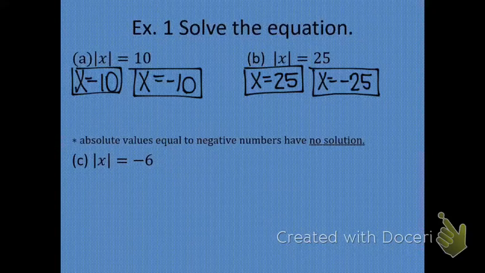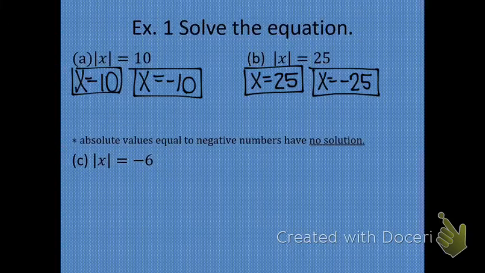All right, now look at letter C. We have the absolute value of x equals negative 6. What's the answer to this problem? No solution. No, I mean in the original problem, what is the answer that they've given us? They've given us negative 6, but I want you to think back to what we've said already today multiple times.